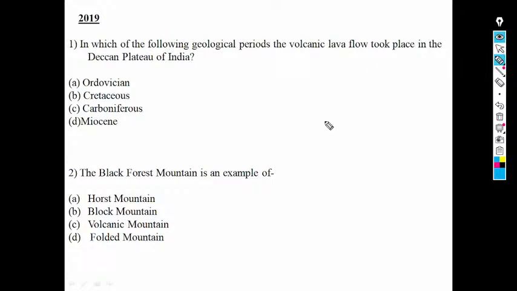First question, 2019. In which of the following geological periods did the volcanic lava flow take place in the Deccan Plateau of India? The options are Ordovician, Cretaceous, Carboniferous, and Miocene.